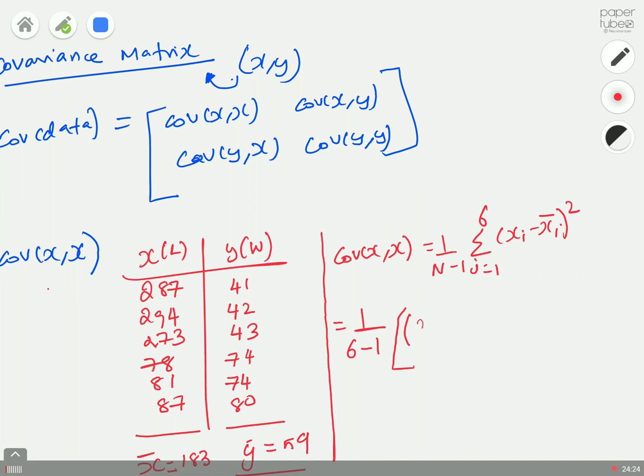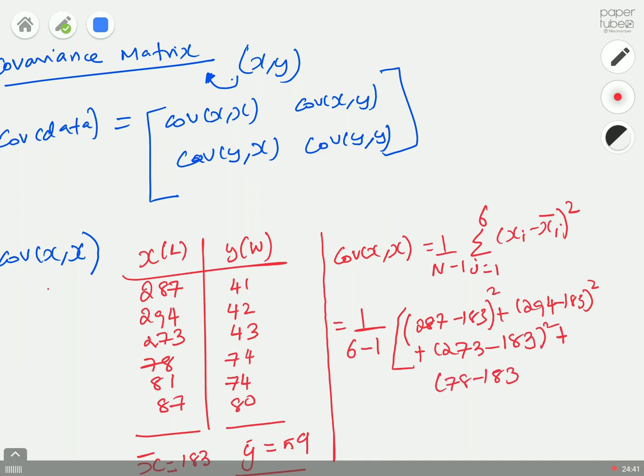So that will be 287 minus 183 whole square plus 294 minus 183 whole square plus 273 minus 183 whole square plus 78 minus 183 whole square plus 81 minus 183 whole square plus 87 minus 183 whole square.